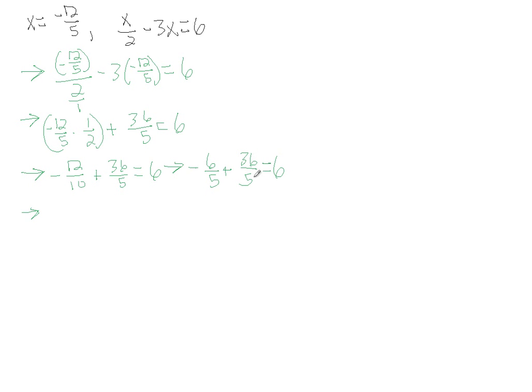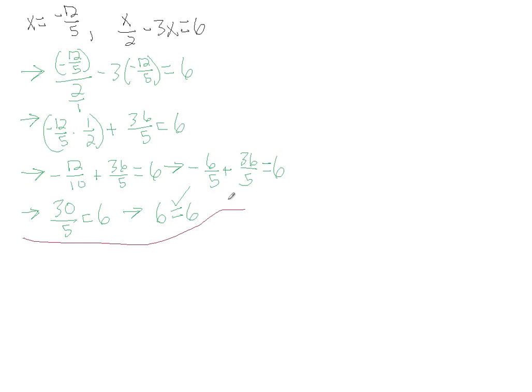We have 36 over 5, and we have a negative 6 over 5. Positive wins out, so we have 30 over 5 equals 6. 30 over 5 is 6, which means our answer checks out, which means that our solution minus 12 over 5 is indeed the valid solution for this equation.